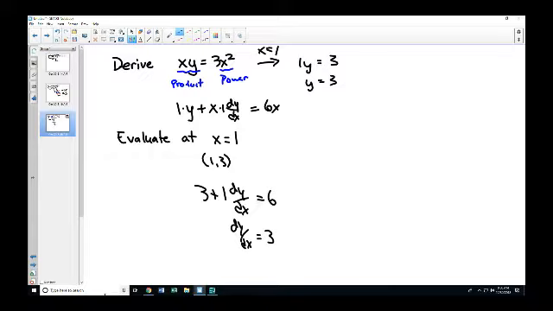Can you write the equation of the tangent line at this point? Okay, go. Write it, and then you'll check your answer with mine. I'll give you 30 seconds. Can you pass me the marker?